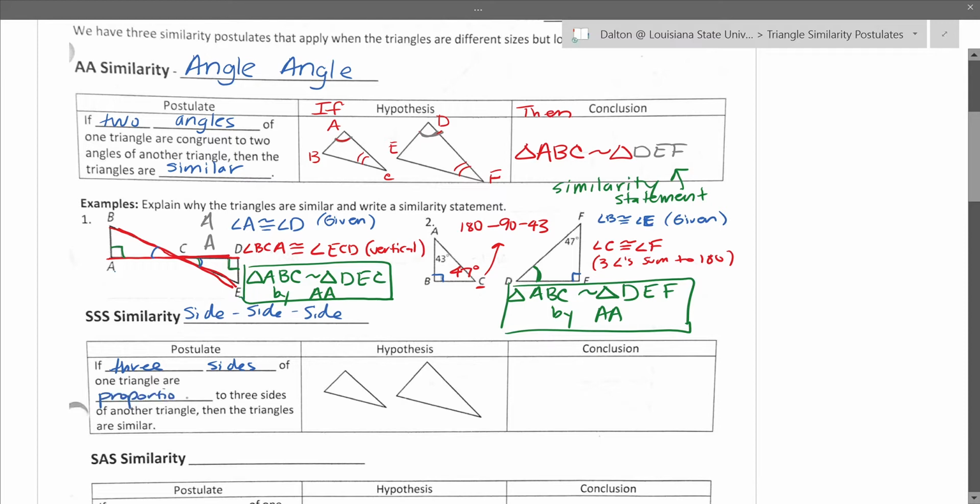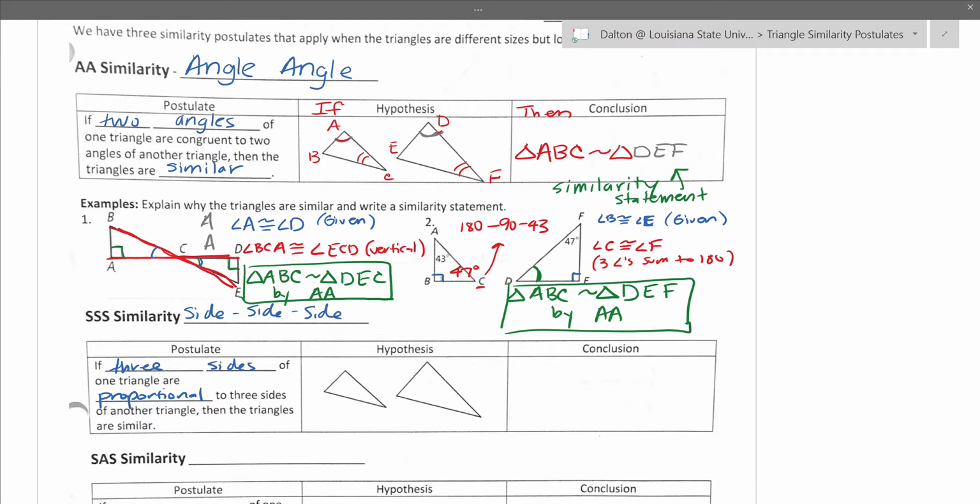So if the 3 sides of one triangle are proportional to the 3 sides of another triangle, then the triangles are similar. So for the hypothesis, again, that comes after the word if, we want to show an example where the 3 sides of one triangle are proportional to 3 sides of another.